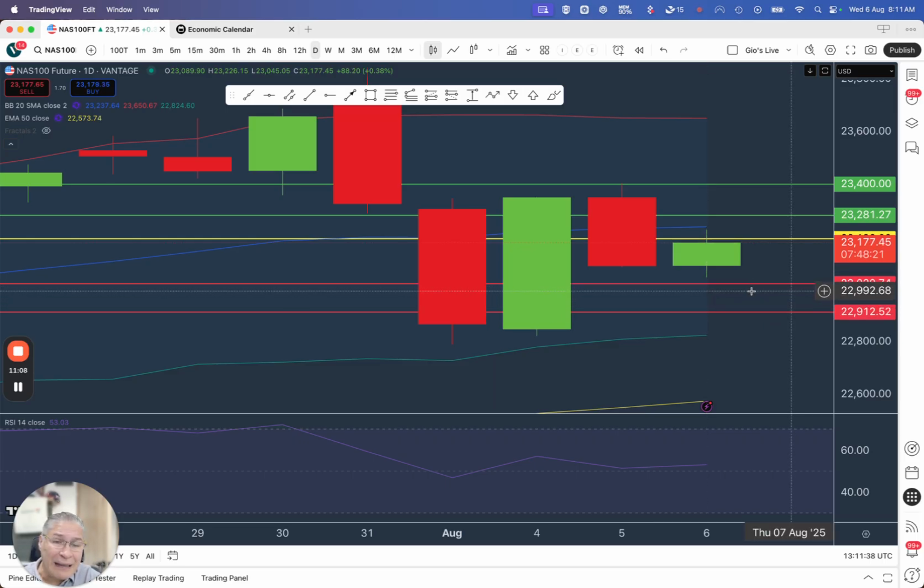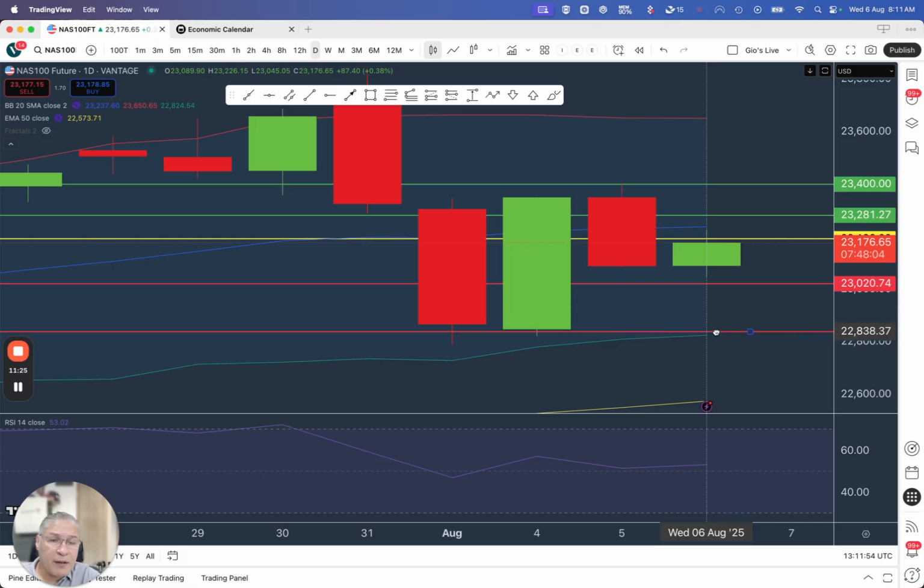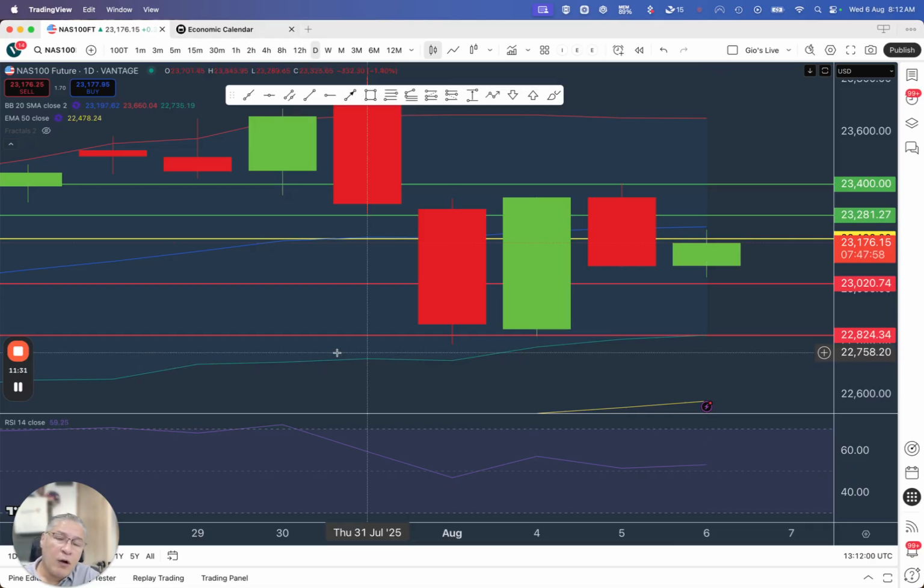For our second level of support, we can look at previous swing lows, like this one right here, or we can say that if the market is going to retrace most of Monday's movement to the upside, the lower boundary band will give us a possible level where the market will find support or buyers.